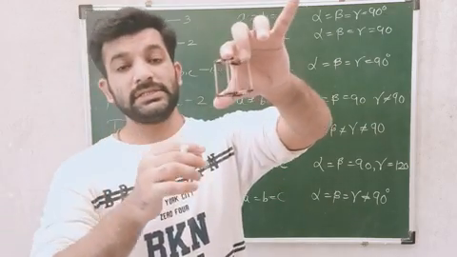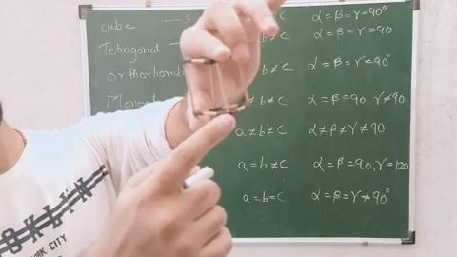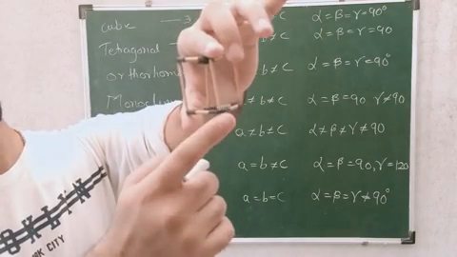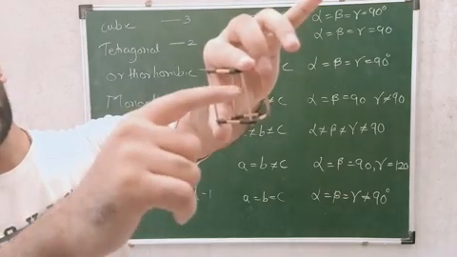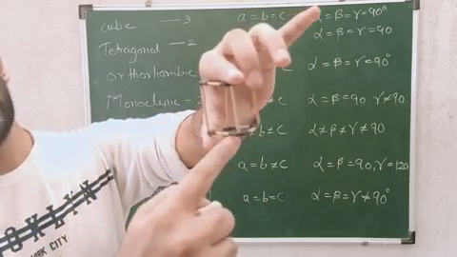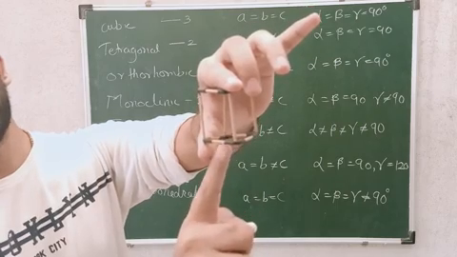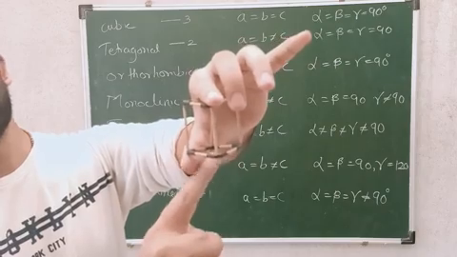Means here you can see, as I am showing you, if this is the origin, this length is A, this length is B and this length is C. The angle between them, angle between AC, CB and AB, means the angle at the bottom, AC, BC and AB is 90.